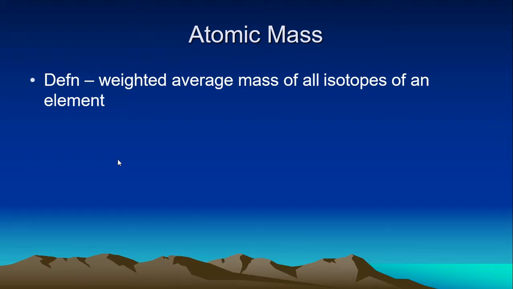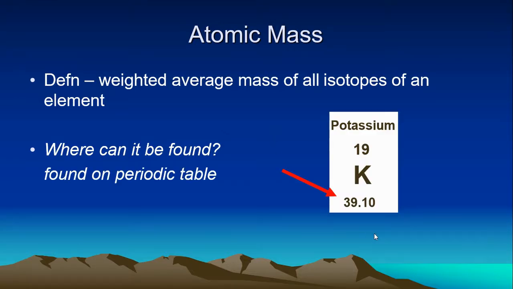What you can do is estimate the mass number of the most abundant isotope off the periodic table, because this is a weighted average mass of all the isotopes of an element. So where can this atomic mass be found? On the periodic table. It is the number with the decimal in it. It's a weighted average. When you're doing these math problems, you're going to get numbers with a decimal.